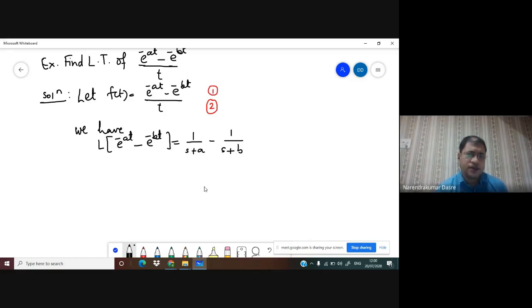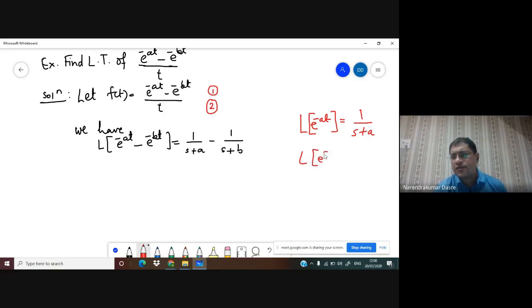So you have the Laplace transform of e raised to minus at and e raised to minus bt. You can use this formula directly here. What is the formula? The Laplace transform of e raised to minus at is 1 upon s plus a, and the Laplace transform of e raised to at is equal to 1 upon s minus a. So using this formula we are able to get this one.